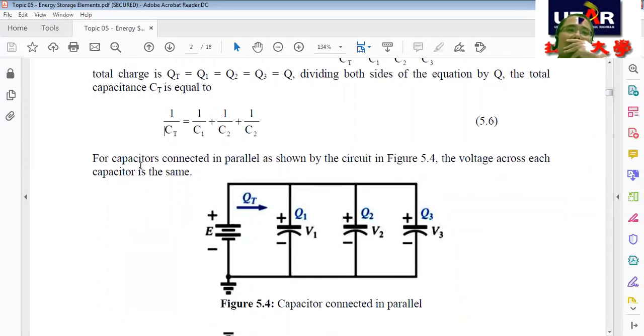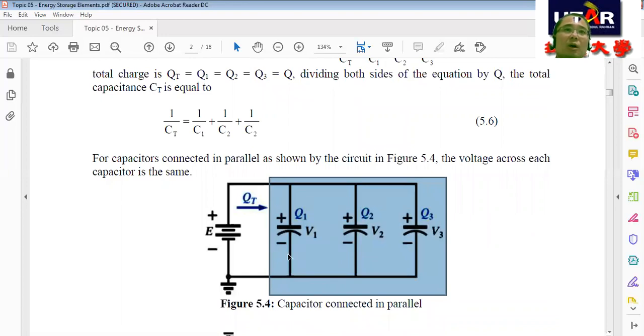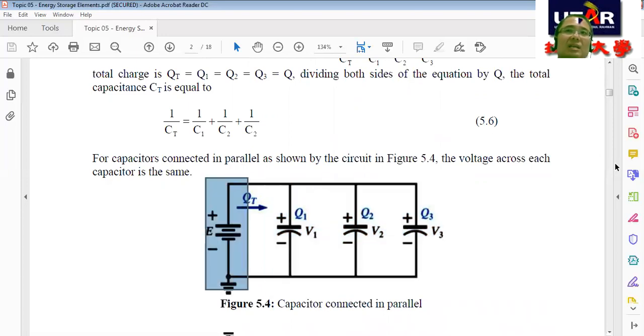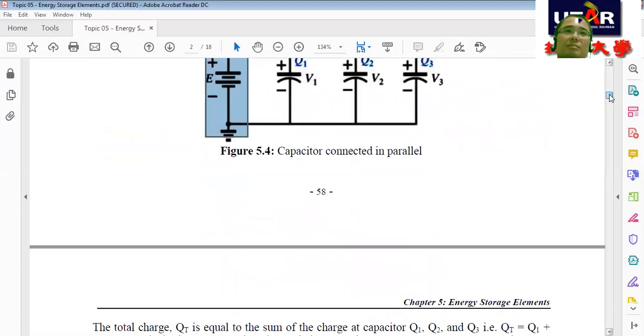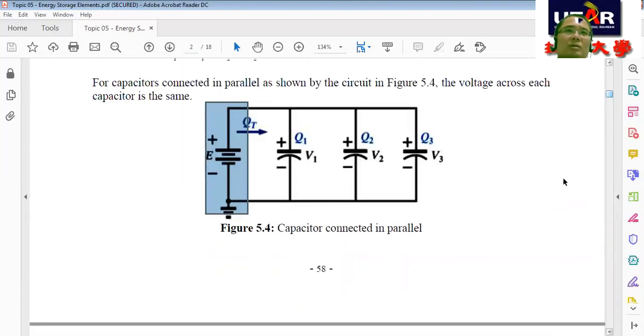Then for capacitors connected in parallel, as shown by this circuit, the voltage across each capacitor is the same, the same as E here. The current flows into branch 1, branch 2, and branch 3.